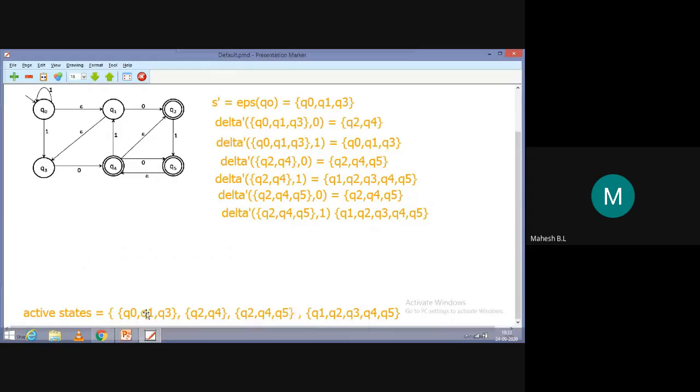Next, we considered Q2, Q4, Q5. Now we need to consider the state Q1, Q2, Q3, Q4, Q5. We need to compute delta dash for that.